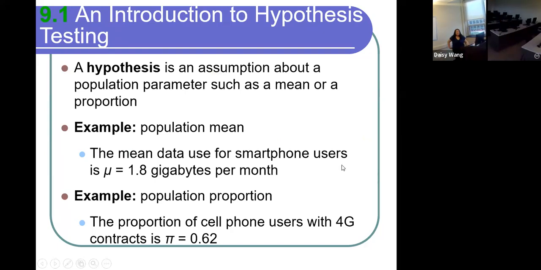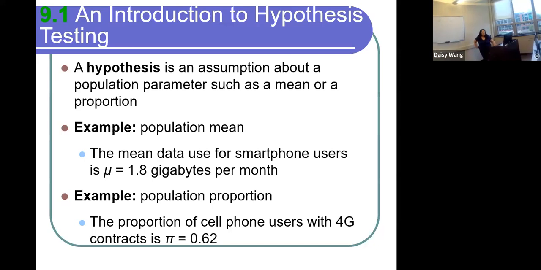So the hypothesis is an assumption about some fact, okay, related to an average or proportion. So for example, we say the average data used for smartphones is about 1.8.